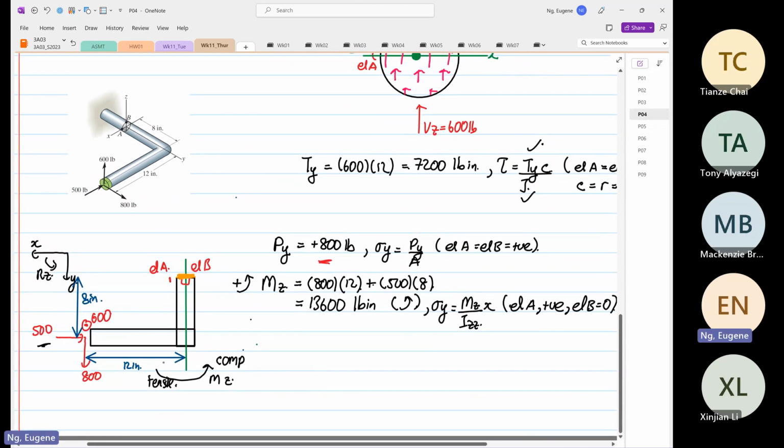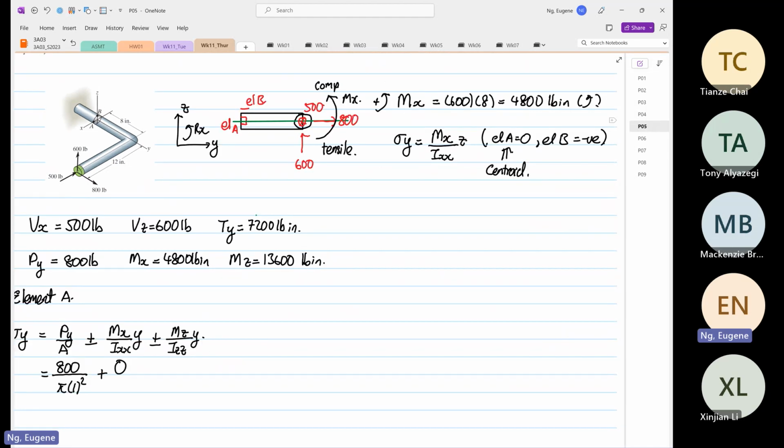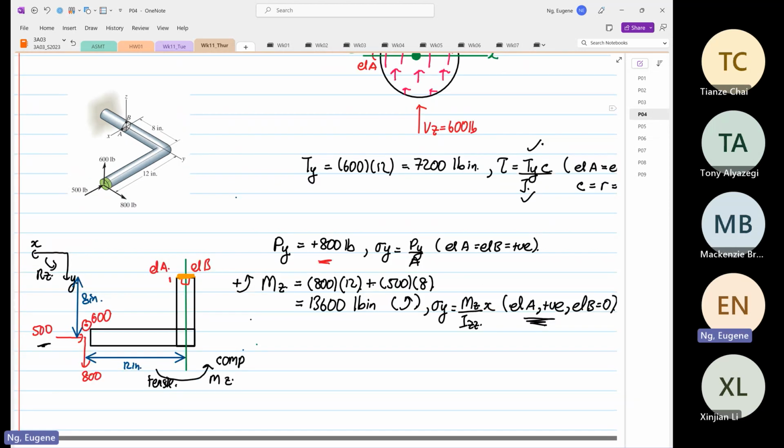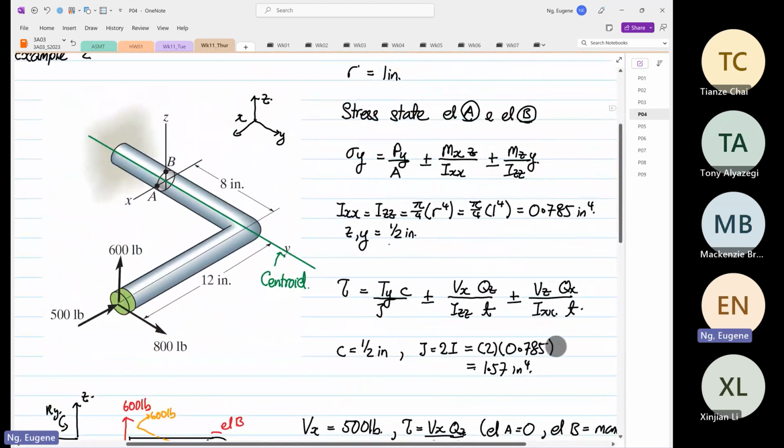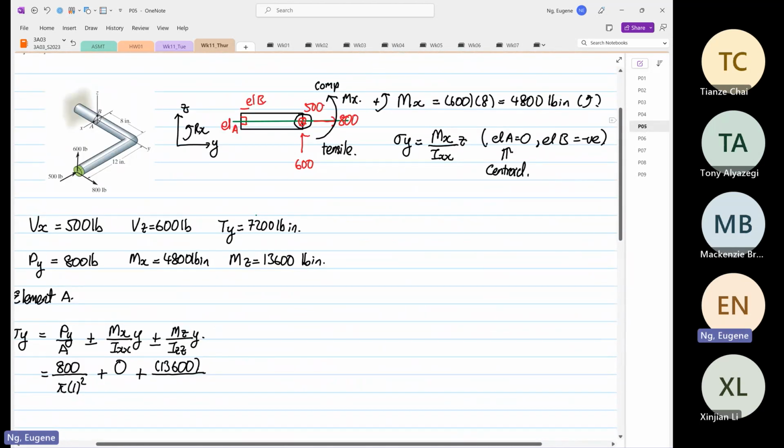Mz for element A is in tensile. So you check over here, element A is tensile. So now you know it's positive. And you know Mz is equal to 1360 divided by Izz, which we have calculated earlier. So Izz is equal to 0.785.